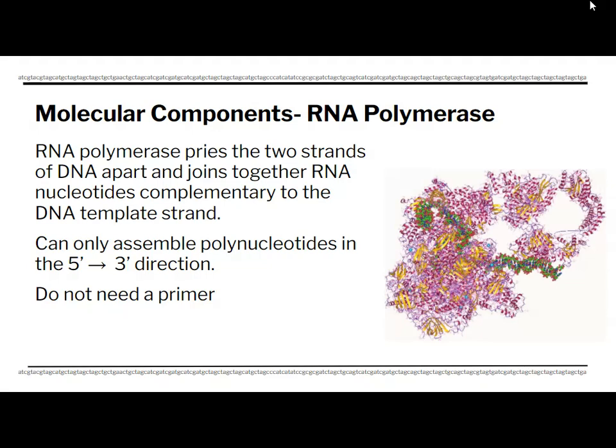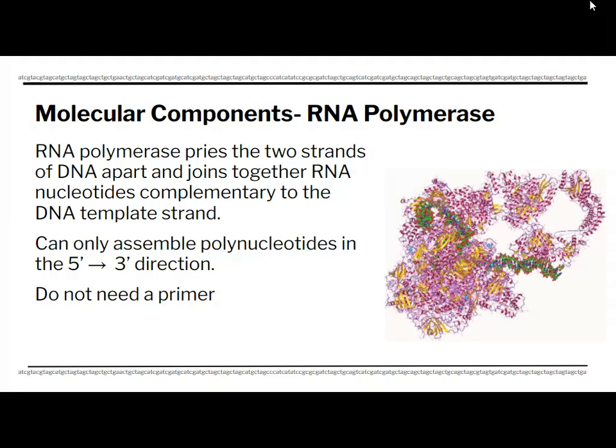This is what it looks like, which is super fun and cool. We've got all of those alpha helices and beta sheets, which we'll talk about hopefully on Monday. But this is a 3D model of what RNA polymerase would look like.